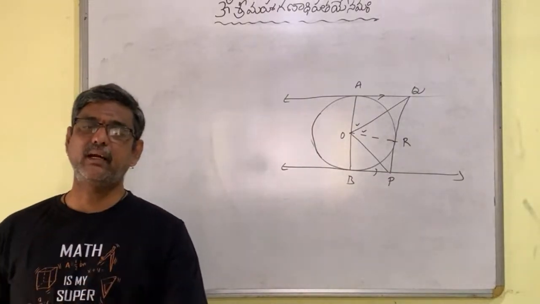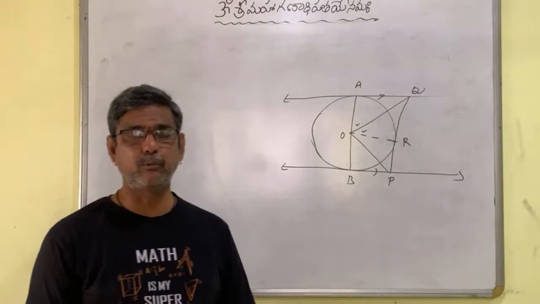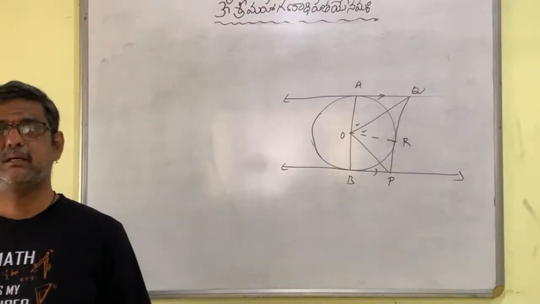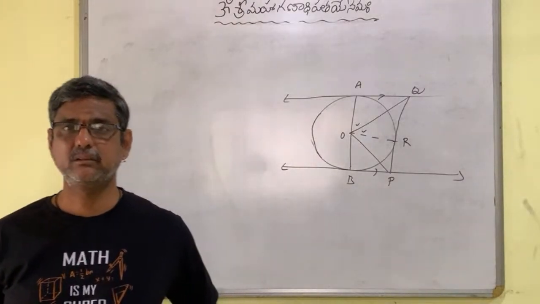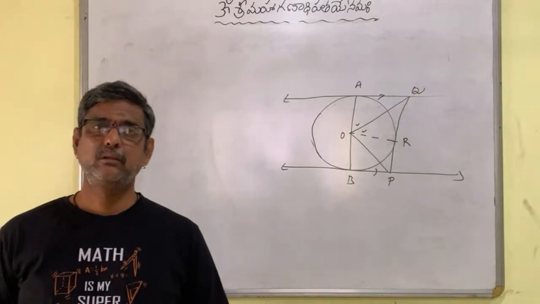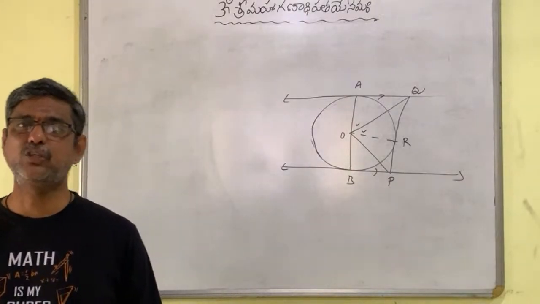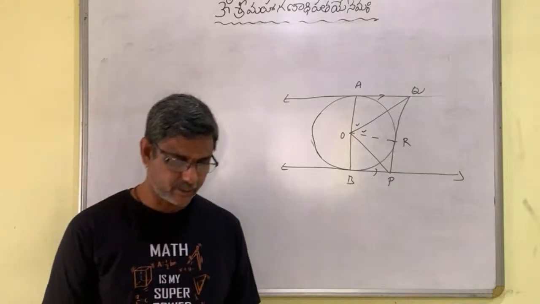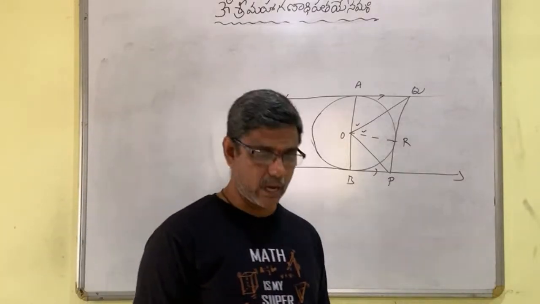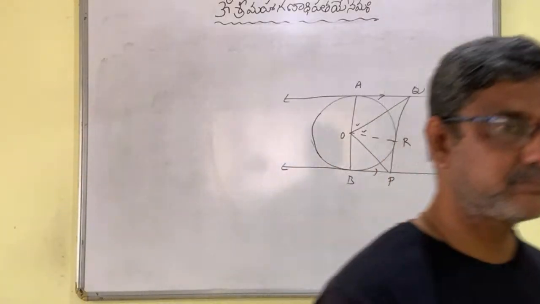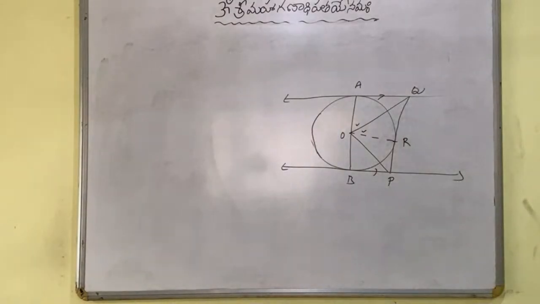And PQ is another tangent at R, and we need to prove that angle POQ is 90 degrees. PQ is tangent at R, so join OR, that is the construction. Okay?